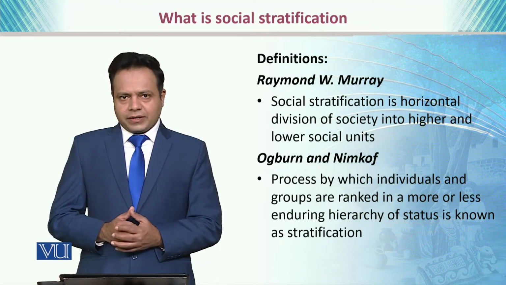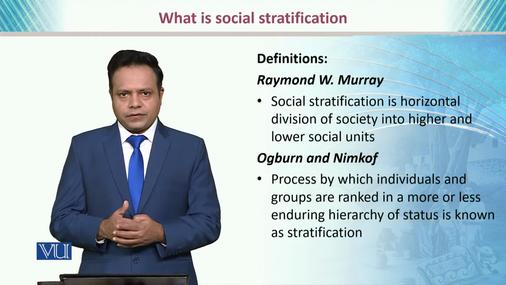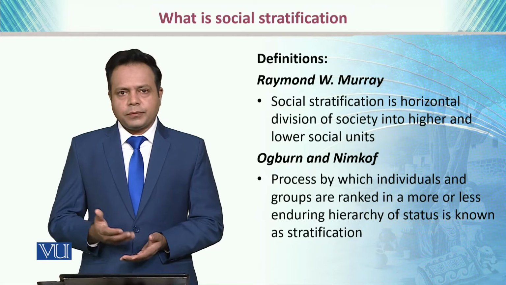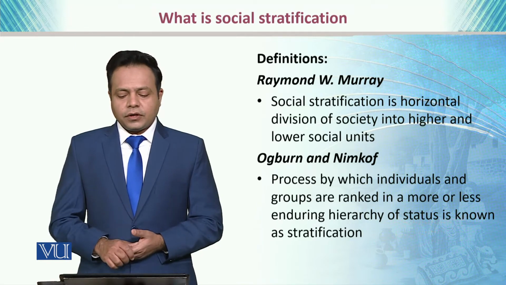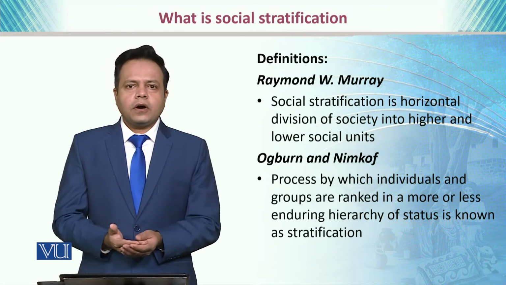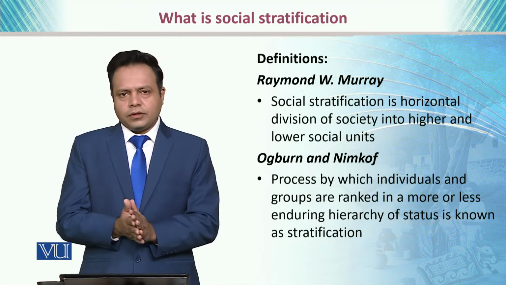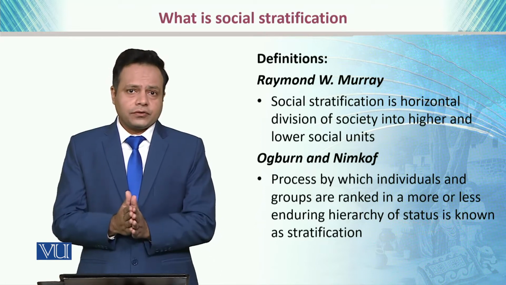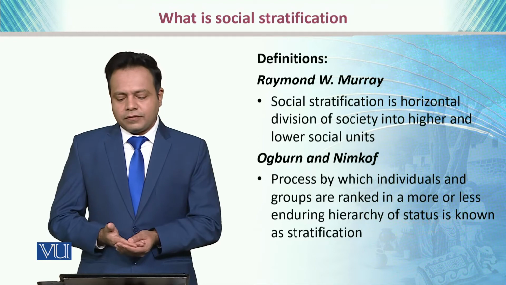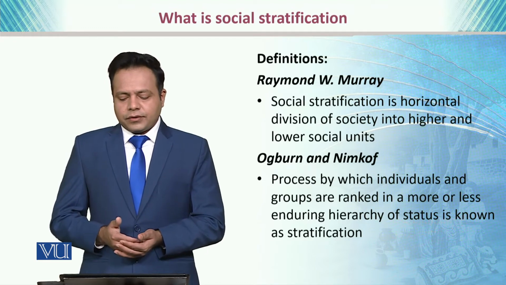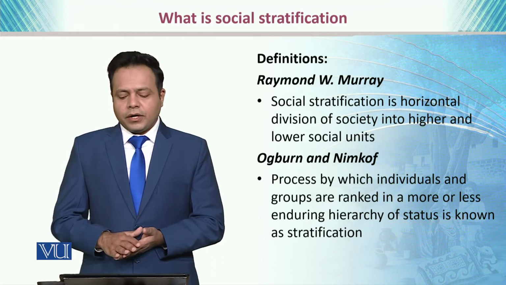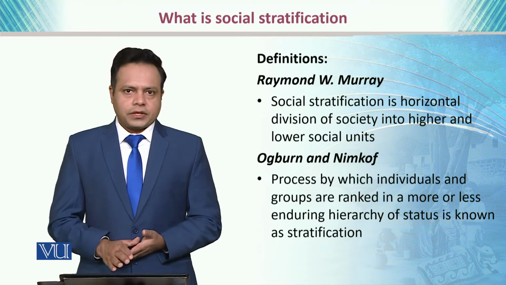So, let's look at the formal definitions of social stratification from a sociological point of view. Social stratification, as per Raymond Murray, is the horizontal division of society into higher and lower social units. It means there is always a connotation of classification or categorization of human groups and societies. And then we have the Ogburn-Nimkoff definition: the process by which individuals and groups are ranked in a more or less enduring hierarchy of status is known as stratification.